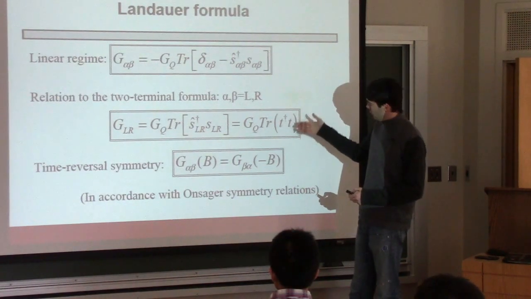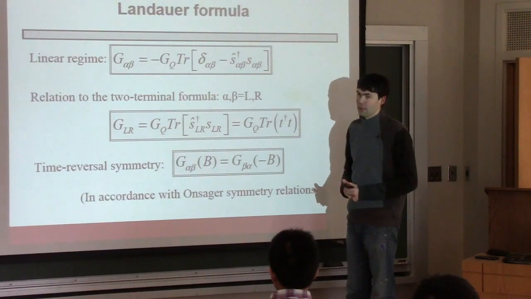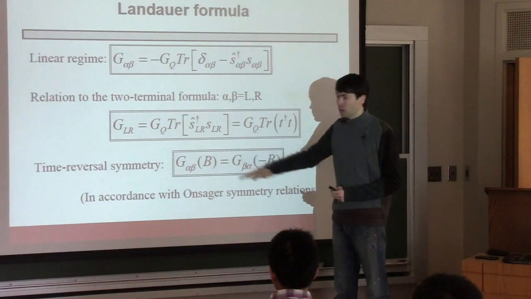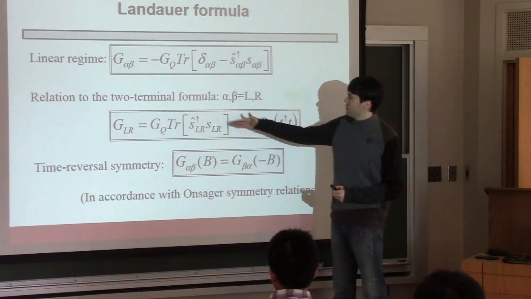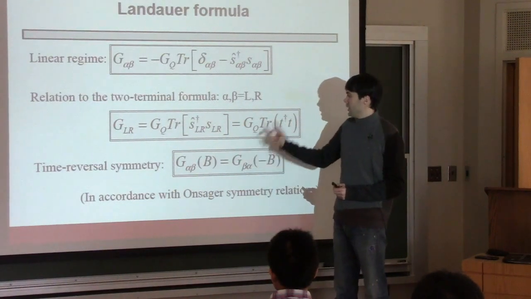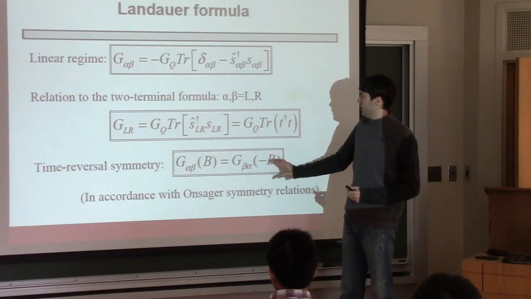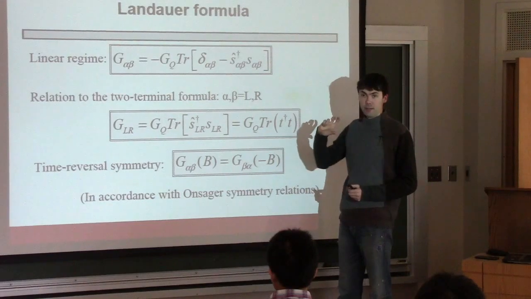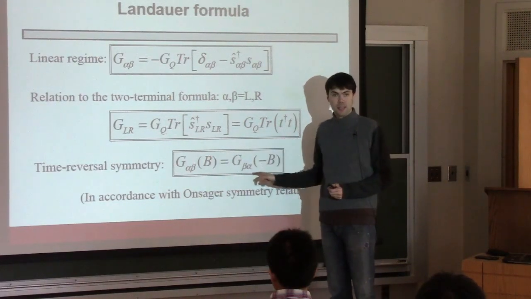And satisfyingly enough, the Onsager relation is also preserved when we talk about these conductances. Following directly from the properties of the S matrices, you can derive that in a two-terminal device, this is a very rigid constraint: if you reverse the direction of current from alpha to beta to alpha, and reverse the magnetic field, the conductance remains the same.